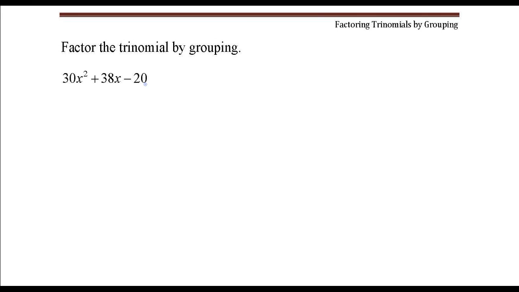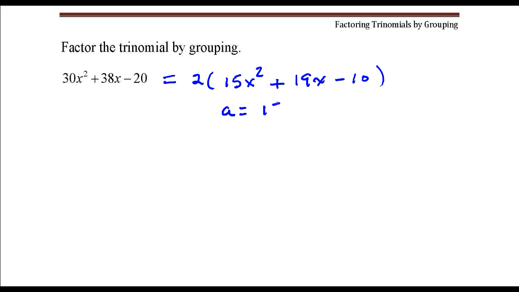Okay, so the first thing I'm going to do is factor 2 out of this trinomial. Okay, and next I'm going to identify A, B, and C. A is 15, B is 19, C is negative 10.